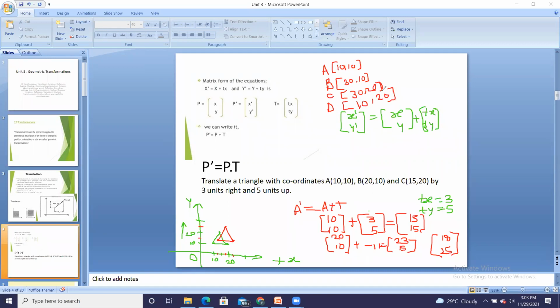Okay, so these are the 4 coordinates, and translate this rectangle ABCD diagonally along y equal to x-axis, downwards, with 5 units towards left and 10 units downwards.